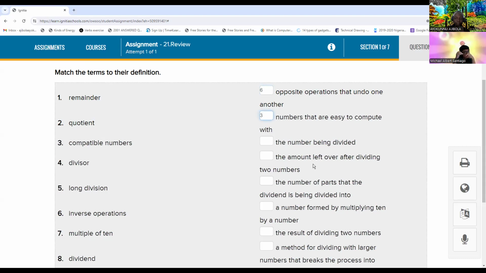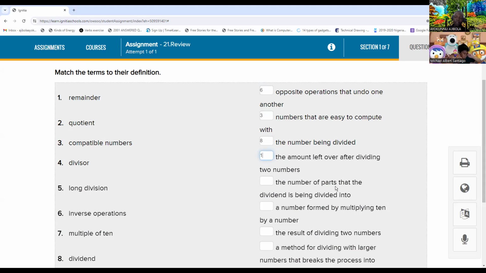Is that clear? What about the number being divided? That's the dividend. That's number 8. The amount left over after dividing two numbers. That's the what? Remainder. Okay. Miggy, are you concentrating on this? I want your responses.